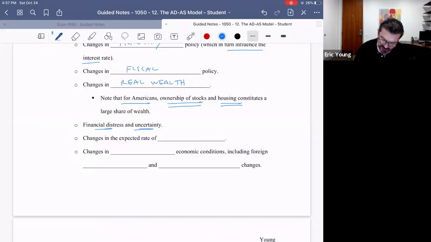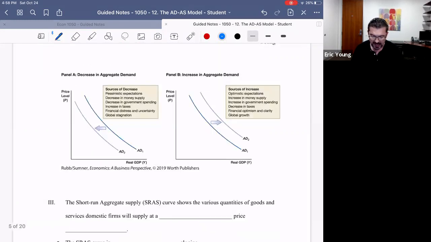We can also see a shift from changes in the expected rate of inflation. And finally, we can see AD change if there are changes in global economic conditions. This includes changes in foreign income, as well as changes in exchange rates. Okay, so any of these things, if they happen, will shift AD.